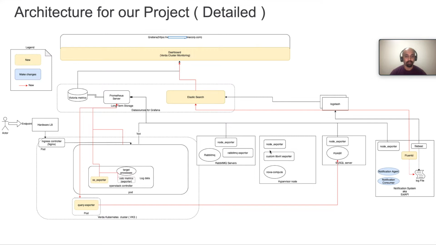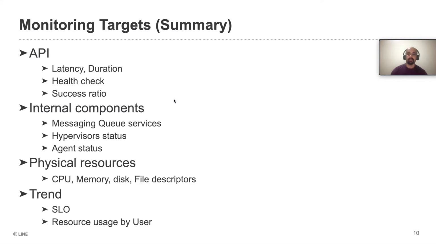We also have node exporters here, and all of these exporters are integrated together into this dashboard. This is the Verda cluster monitoring dashboard, and the integration is either via Prometheus server or via Logstash and Elasticsearch. And this all goes into the user interface, and we can see this information on the user interface. I will explain a bit more about the exporters in the upcoming slides.